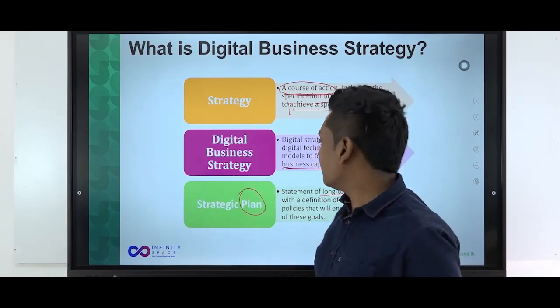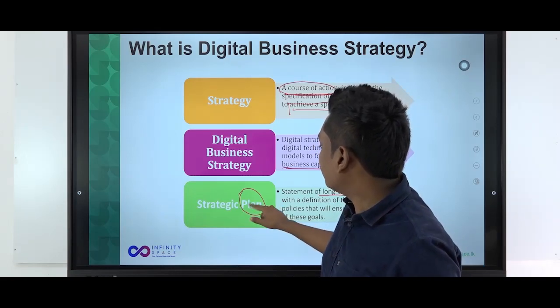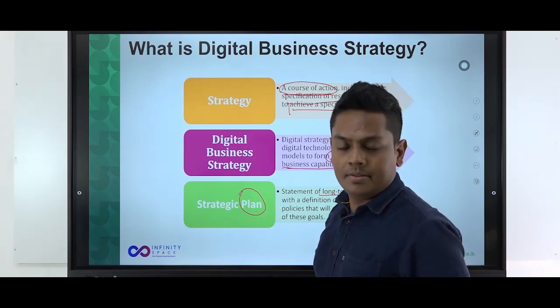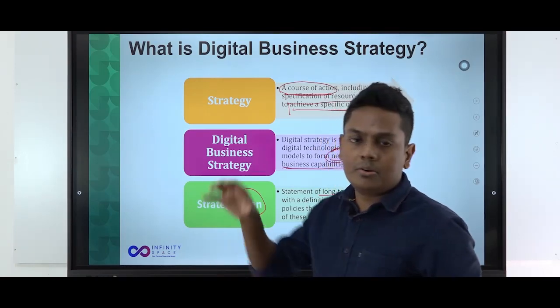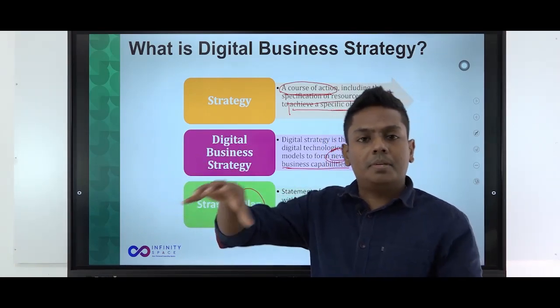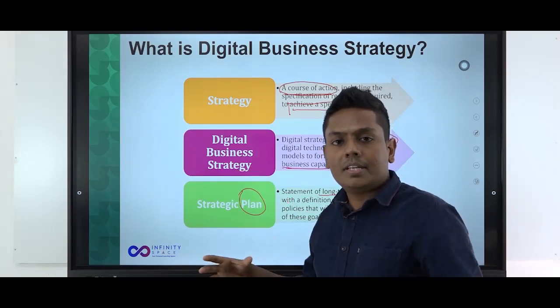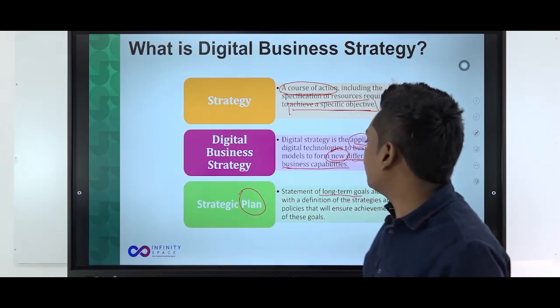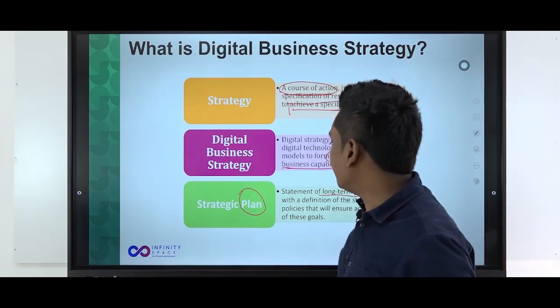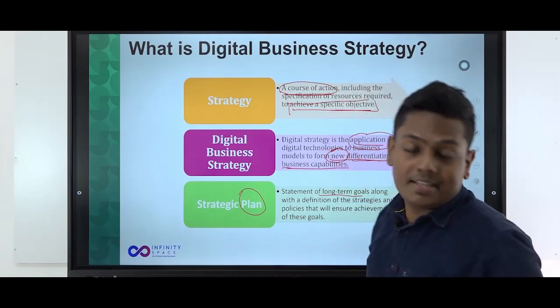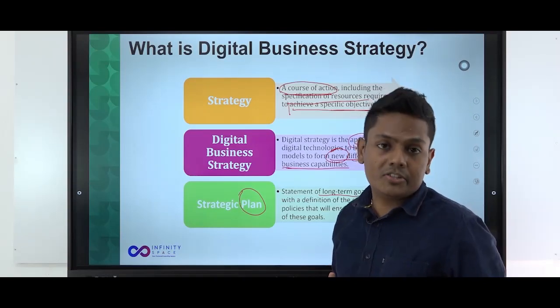achieve those objectives. Now when I say planning, there has to be a direction, and the direction should be very clear: how you are going to get this, and what people you need to get close to this technological or digital transformation. So likewise, there should be a proper plan that an organization needs to consider.